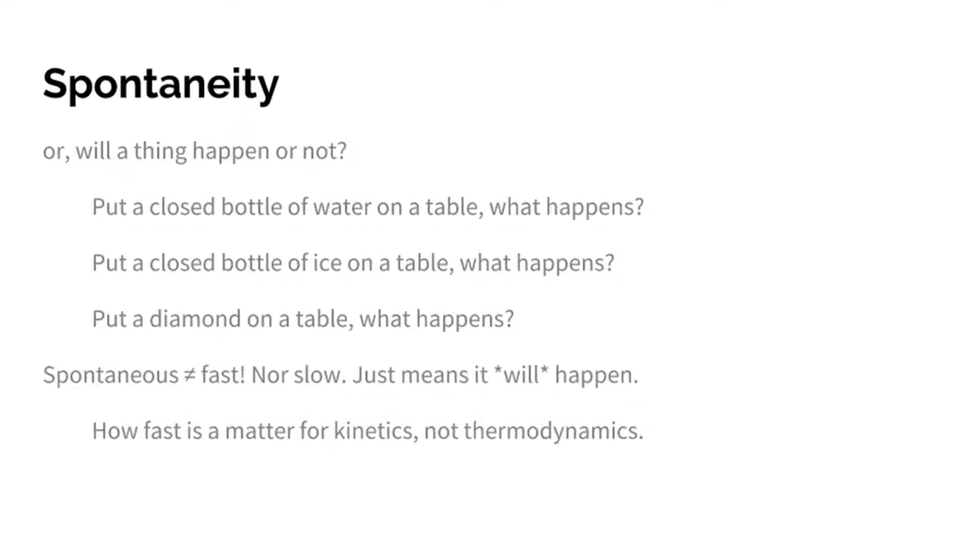Now, you put a diamond on a table, what happens? Well, nothing, something. Diamond, that pure elemental carbon, it's what's known as an allotrope of carbon. It's one of the elemental forms of carbon. Diamond's actually unstable. Diamond is only the preferred form at very, very high temperatures and pressures.